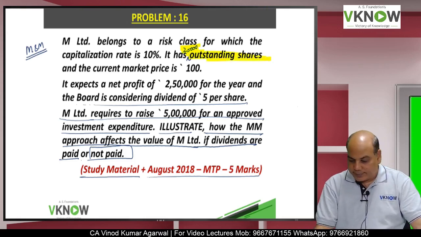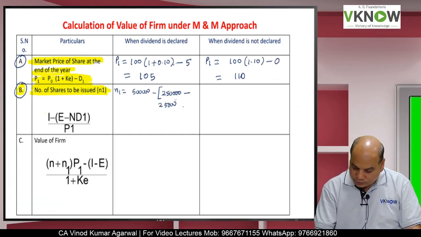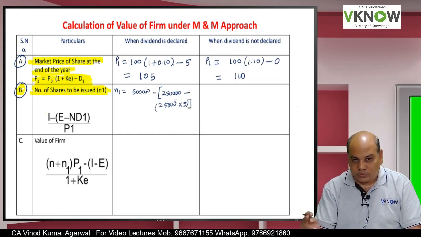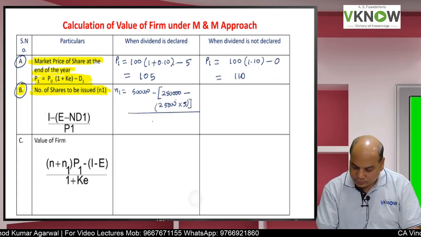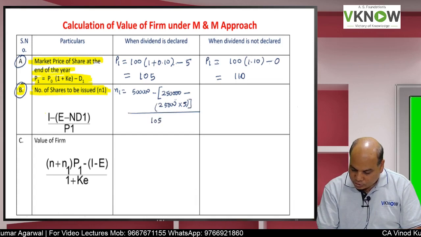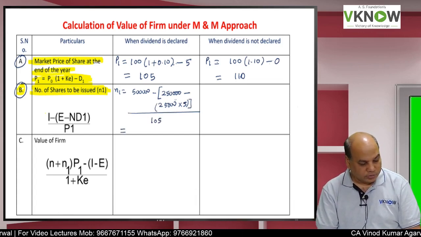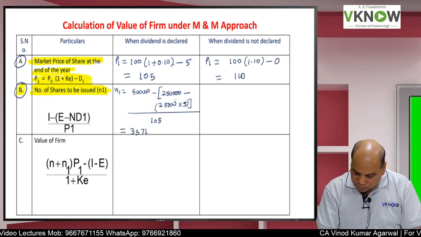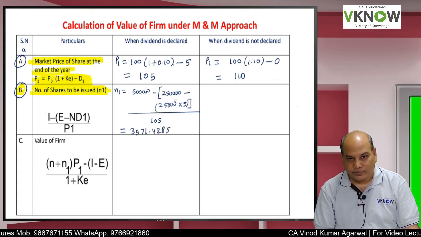Okay, make it 25,000. And dividend is how much? 5. So what you have written in the bracket is basically retained earning. Investment minus retained earning is the fresh issue of equity shares, divided by 105. You can write in fraction also. 1.4285 shares, are you getting somewhere close to this? Very good.